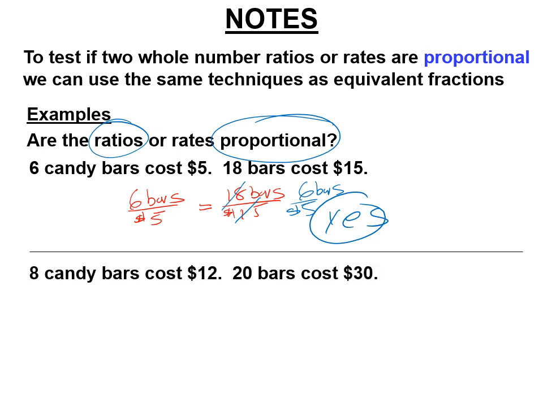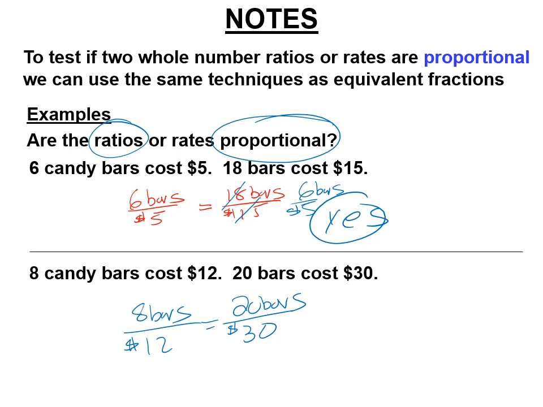Right. 8 bars cost $12 this time. And is that the same as 20 bars for $30? This is a thing you do in the store all the time. They have different sizes, and they want you to believe that the bigger size is always cheaper per unit ounce or unit pound, but that's not always the case. You have to do the math to check them.